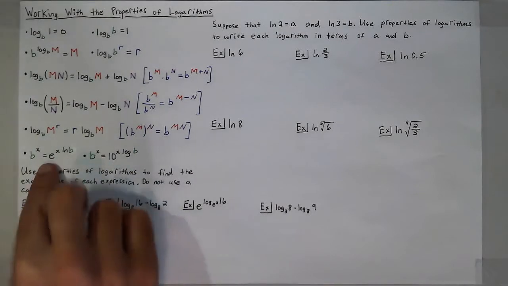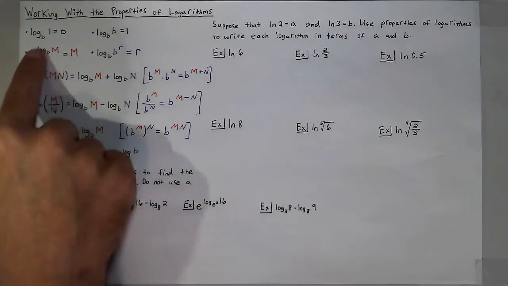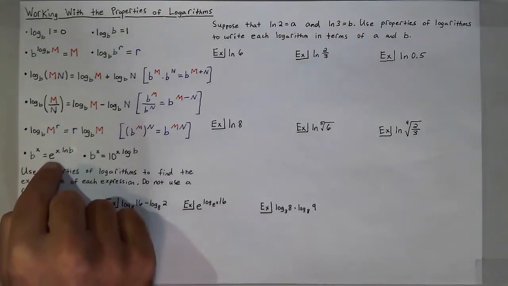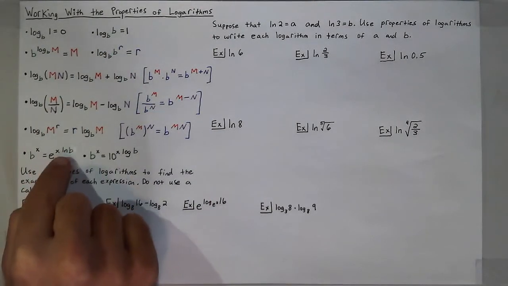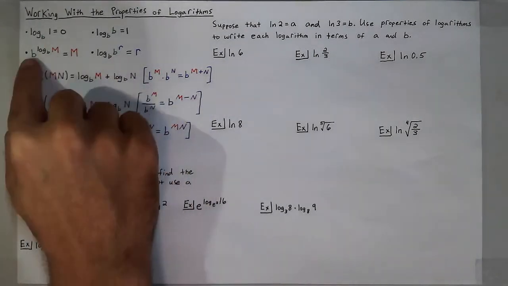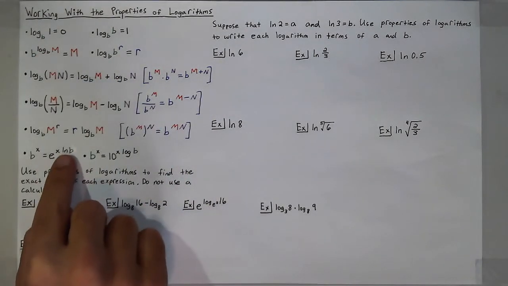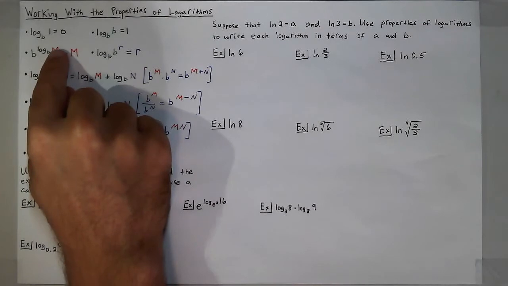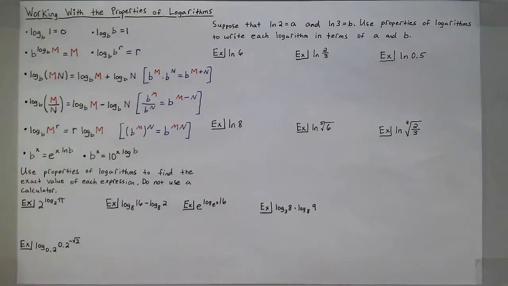And the last two are a play on these two expressions up here, to where if you have e to the x natural log of b, since the natural log and e could cancel out, I'll be left with just x, and then that b becomes the base. Because of this little expression here with the m, that would go down to the base, but the x would stay in the exponent. Same thing with the common log.